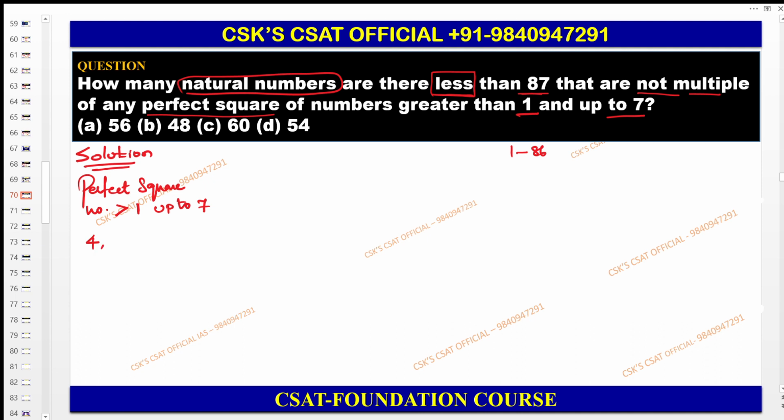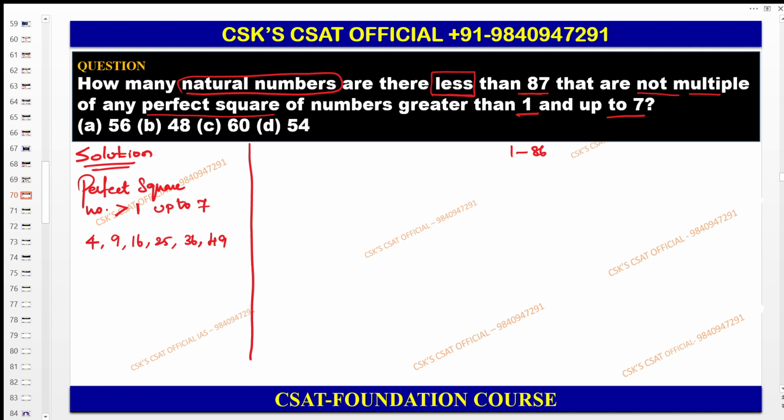What is 3 square? 9. Here 16. Here 25. Here 36. Here 49. Why we are including the 49? Since it is mentioned as up to 7. If it is mentioned as less than 7, you should not take 49. But the question is up to 7, greater than 1. So therefore you need to include 49. I hope people are getting this one.